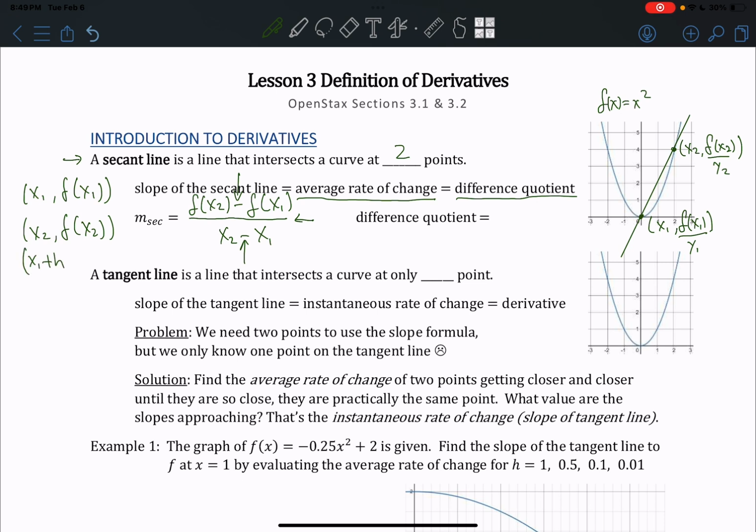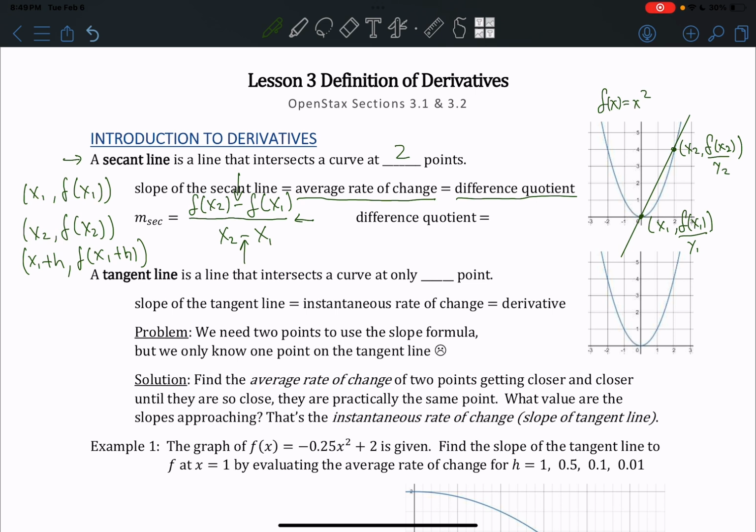So what I'm saying here is x2 is just h distance away from x1. So I'm relating these together, right? Kind of like Luigi is just Green Mario type of deal. So I want to relate x2 to x1 by expressing that as simply another value that's h distance away from x1. So then my formula looks like f of x1 plus h for the corresponding y value.